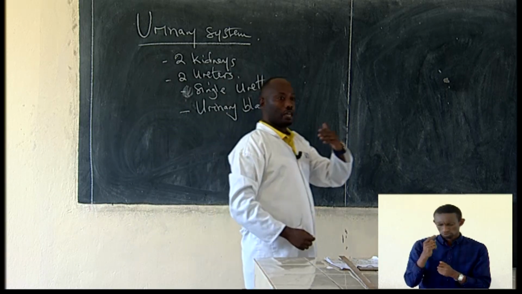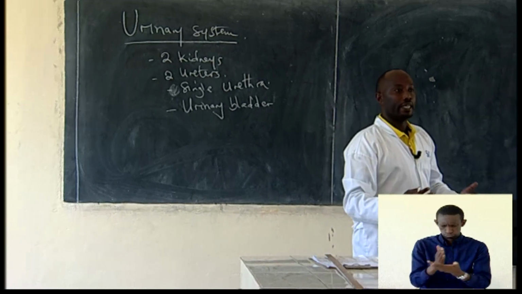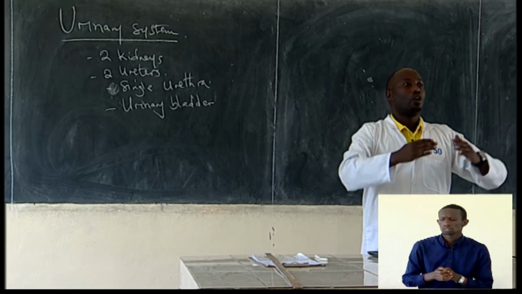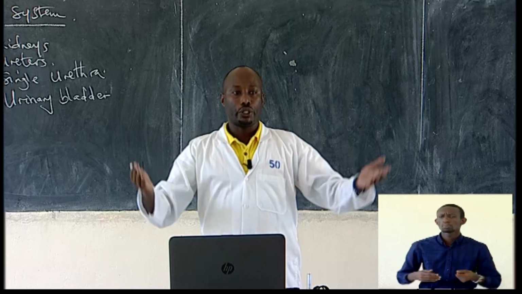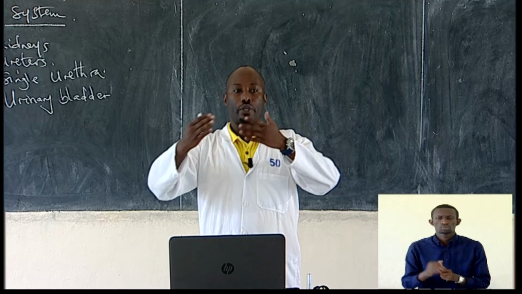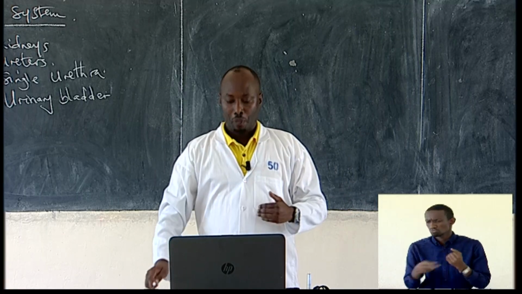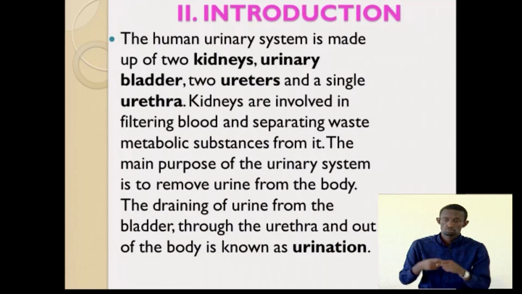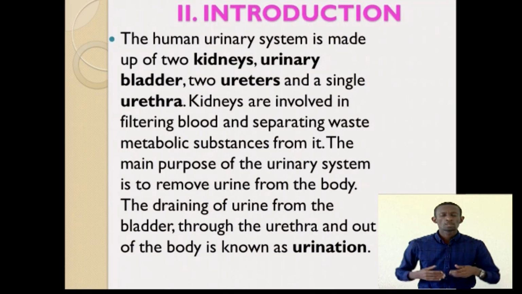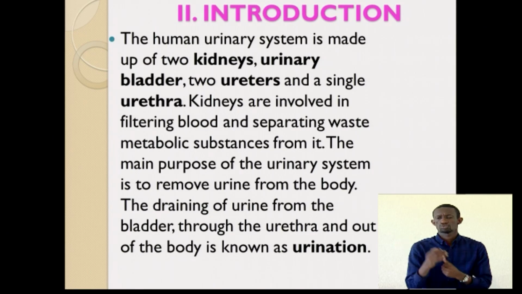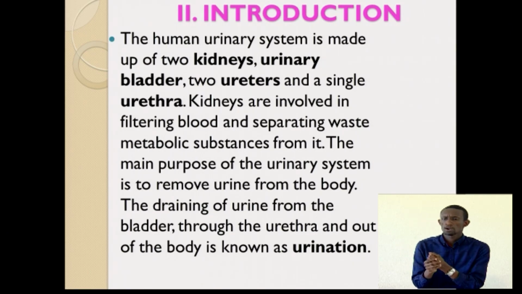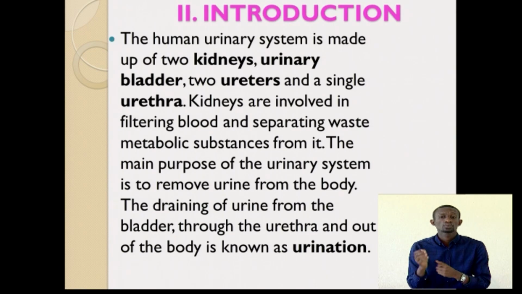We're going to discuss how the kidney acts as an organ for excretion, an organ for removing waste products from the body. We said the kidneys are involved in filtering the blood and separating the metabolic substances from it.